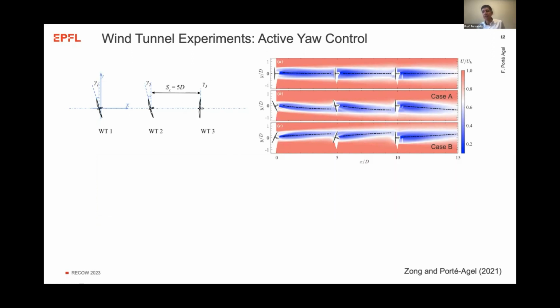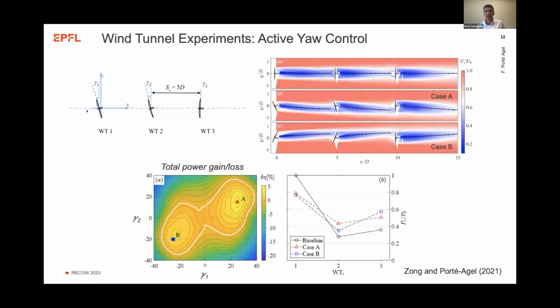That was the idea. And again, the nice thing of the wind tunnel is that in a few minutes, you can actuate the turbines, and of course you have to wait maybe a minute every time to get the converged power. But then you can explore the space of these two angles and systematically search for the optimum.